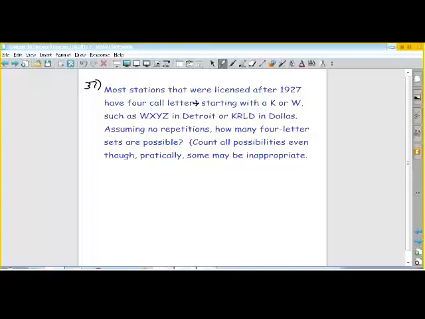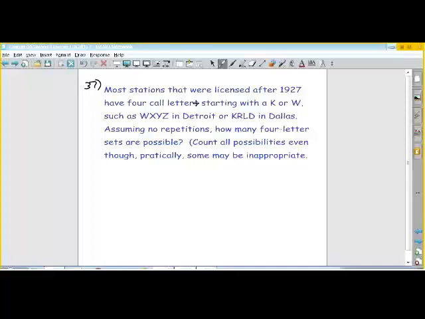So if I were able to make a radio call letter that could be any letter in the first space, and order was important, and you couldn't use repetitions, then I could use permutations. But because the first one is not all 26 letters, it's not a simple permutation problem. So if it's not a simple permutation or combination problem, you have to go back to the fundamental counting principle, which is what we're using in permutations and combinations. This is just a special case.